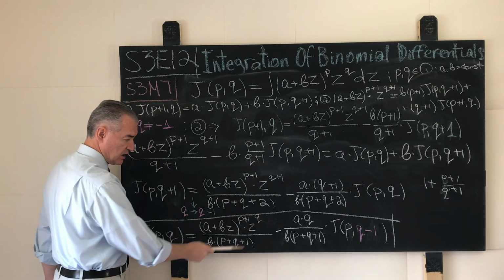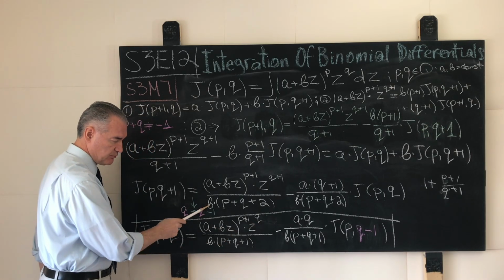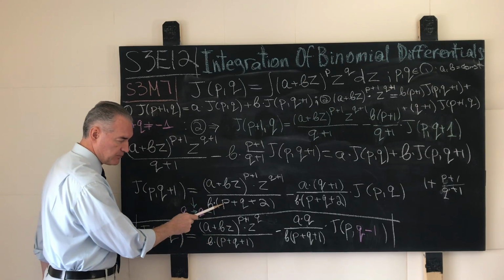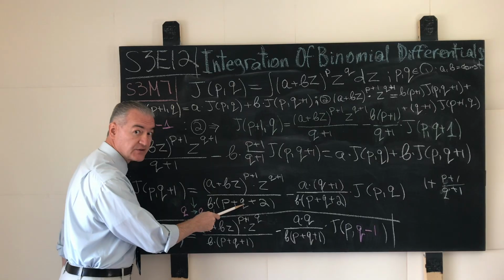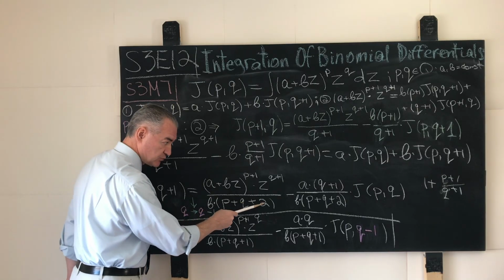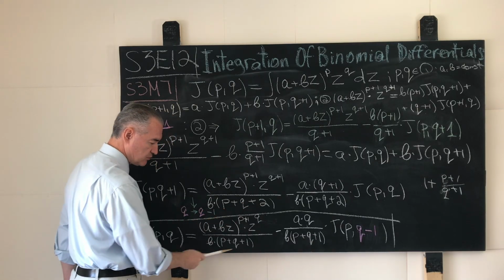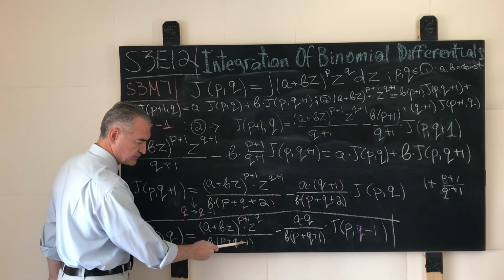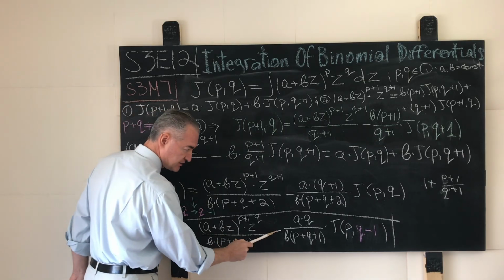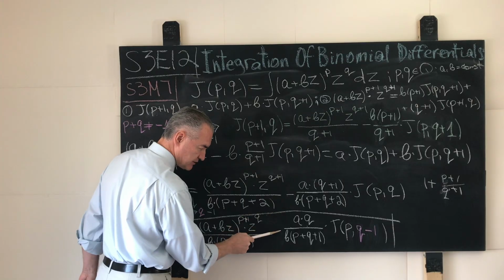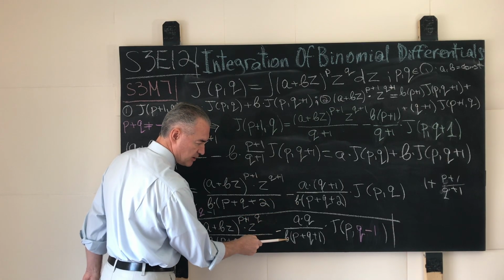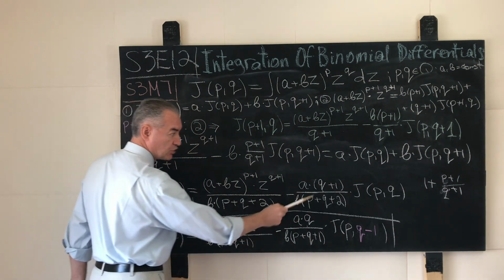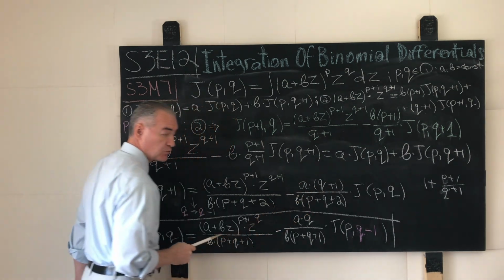We pay attention. What's going on in the denominator? B remains the same, it's a constant. P here remains the same, but Q becomes Q minus 1. Minus 1 collides with plus 2, plus 1 comes out, P plus Q plus 1, same thing. Minus sign again, we carefully bring down the minus sign. A, same thing. B, same thing in the denominator, A in the numerator. But Q plus 1 in the numerator becomes what?